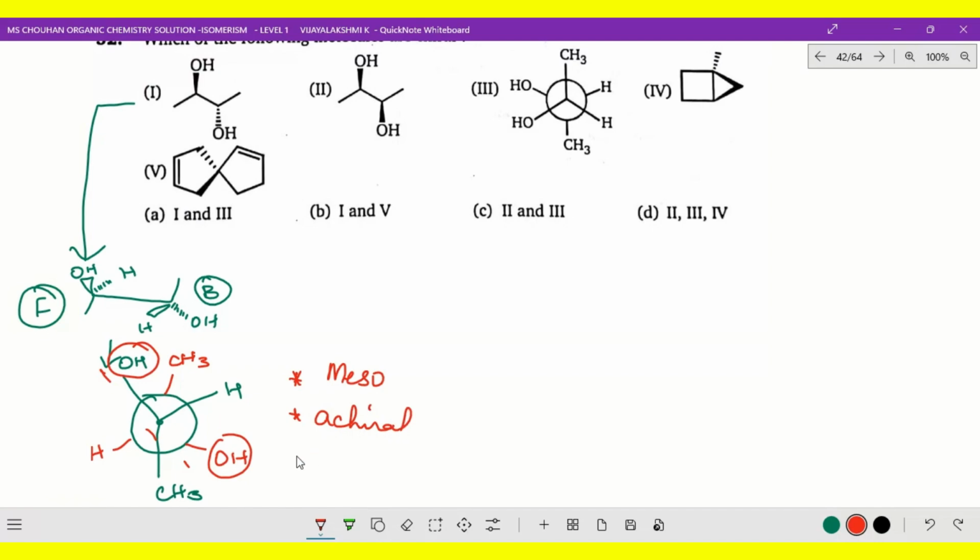Achiral molecule. The main point here is that COS is present. So the first compound is an achiral molecule. This is achiral, so that means it is not chiral. Now let us check the second one.